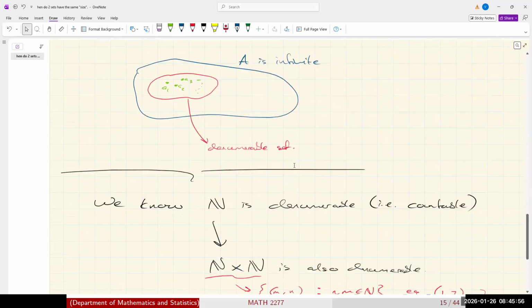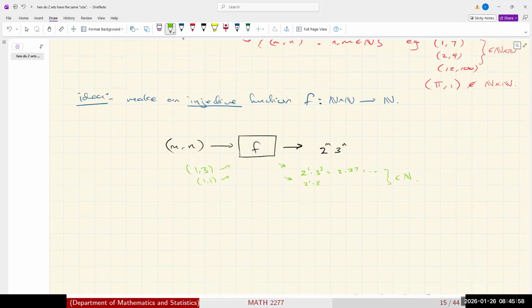The reason why we use prime numbers here, we can use any prime numbers, is because with the natural numbers, we have unique prime factorization.